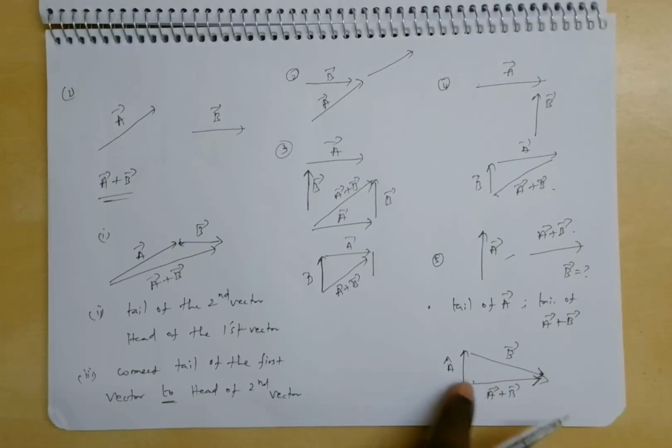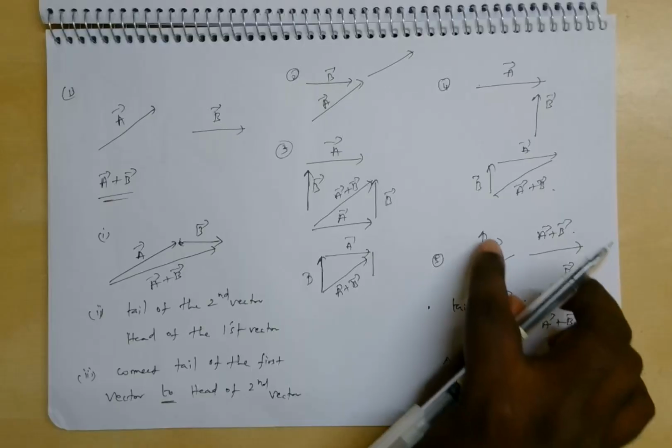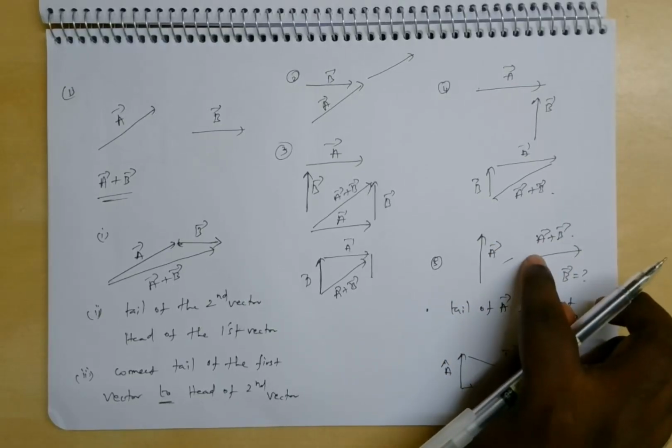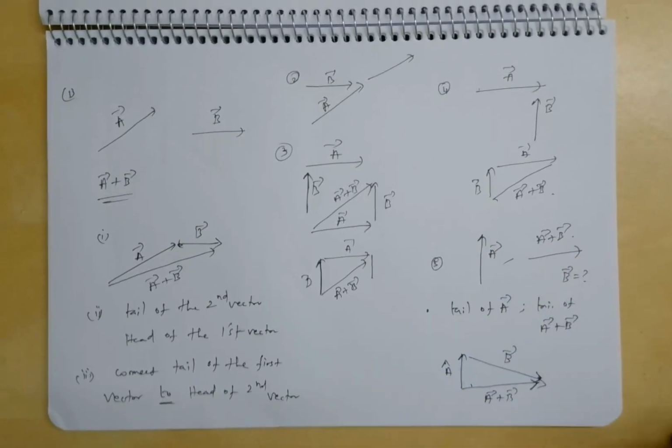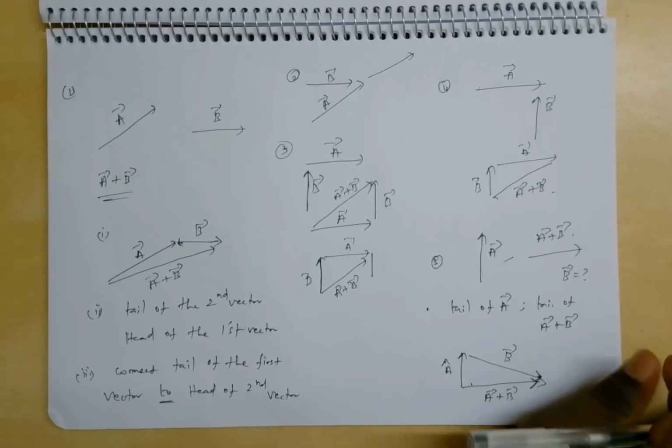Okay, but we are not adding A vector and A plus B vector. The question is, if A vector is this, A plus B vector is this, then what is B vector? Yeah, no problem. Is it clear now?